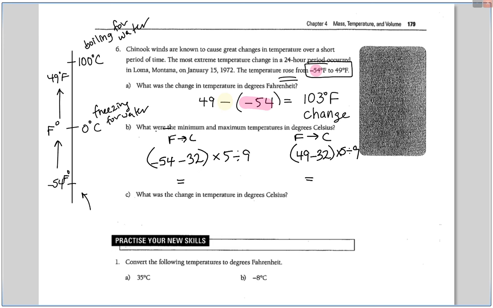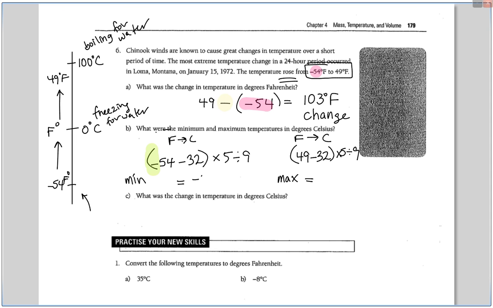Get these two answers for the min and the max. And on your calculator, you need to make sure that you're using the negative button, not the subtraction button. Okay, negative 54, take away. Now you can use the subtraction button. 32 times the 5, divide a 9. Negative 47.7 repeating degrees Celsius.